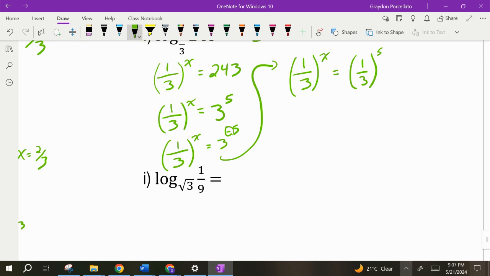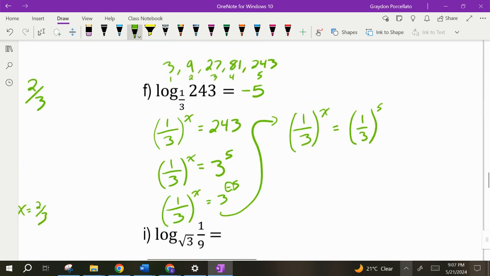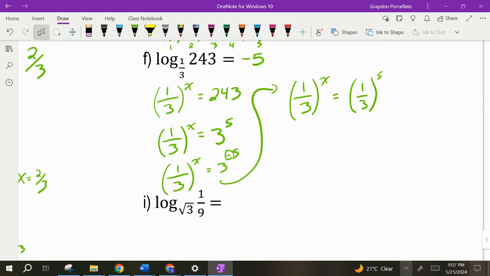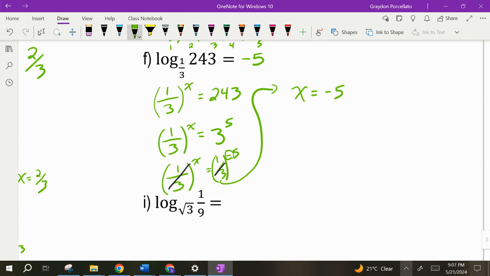Wait a minute, because my answer is -5. Oh, when I put the negative in there, I should have flipped it initially. My apologies. So when your bases are the same, you can cross out your bases and you get x equal to -5.